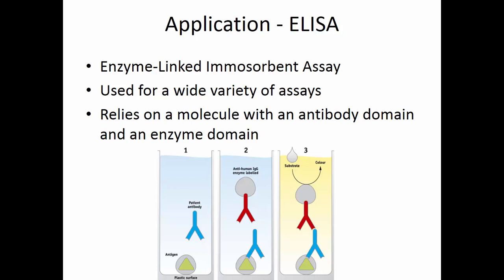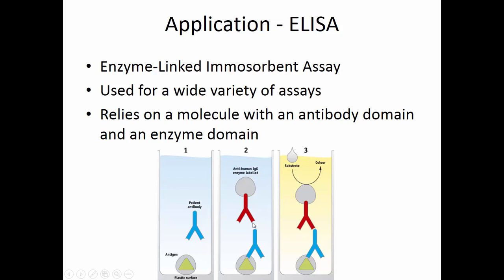Basically this relies on a molecule with an antibody domain and a molecule with an enzyme domain. You have a certain antigen on the surface of a well of a 96 or 198 well plate or whatever, and you put an antibody on it. If an antibody will interact with the antigen, it'll attach to the antigen.